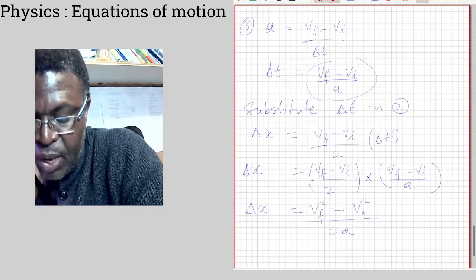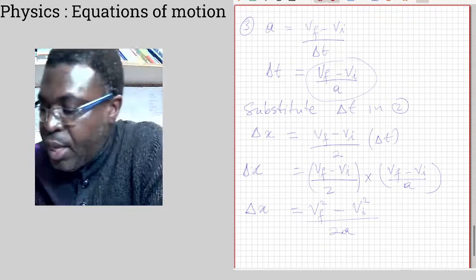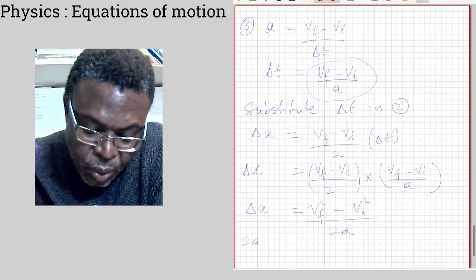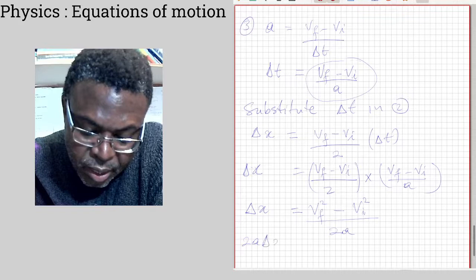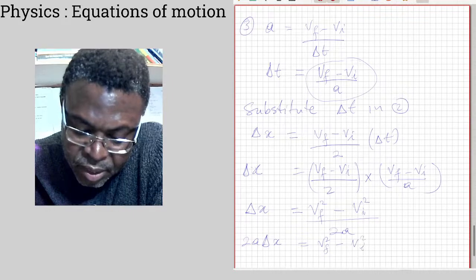This is what we have when we do our multiplication. And we end up with 2a change in x equals Vf squared minus Vi squared.